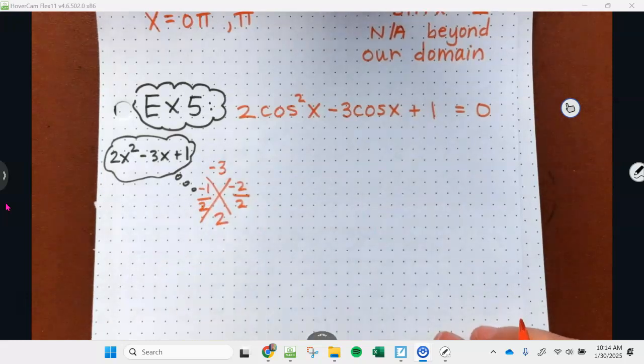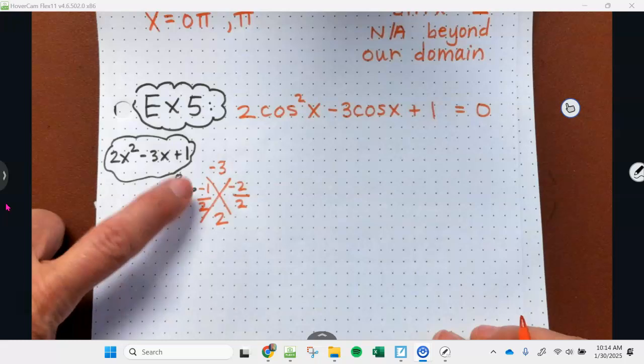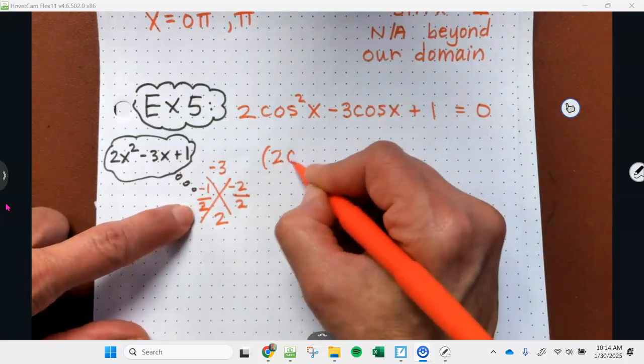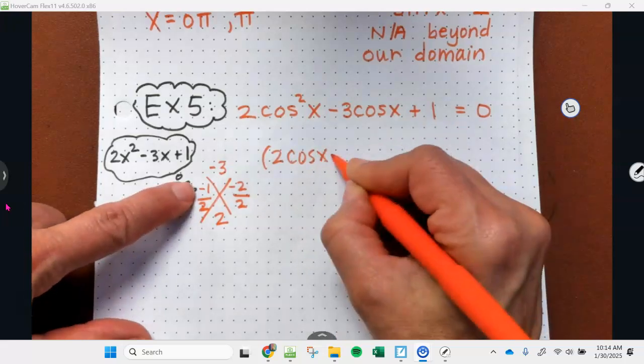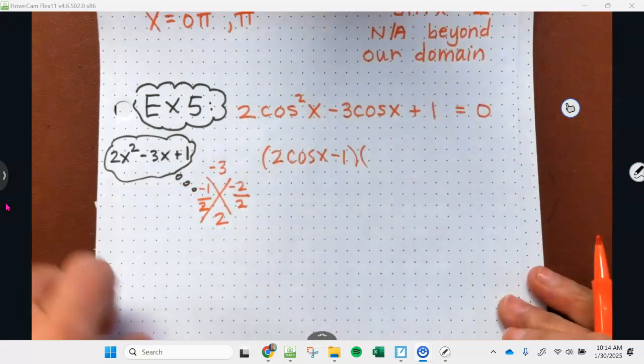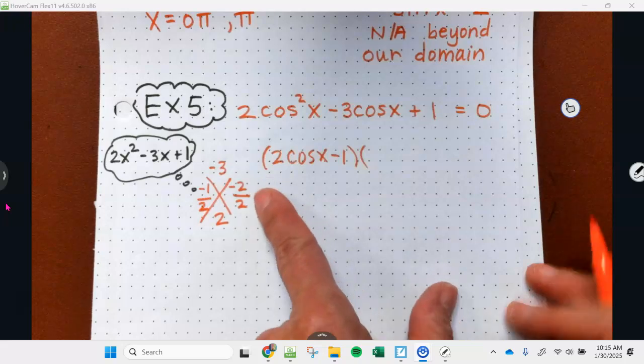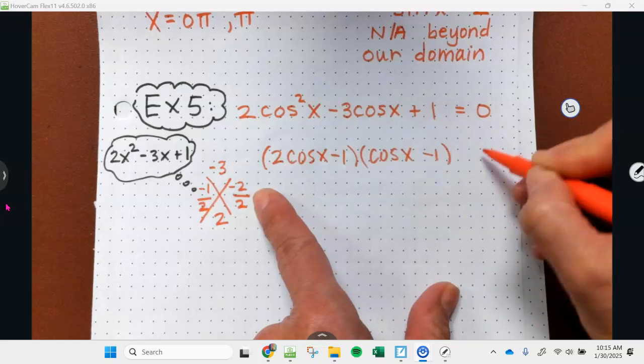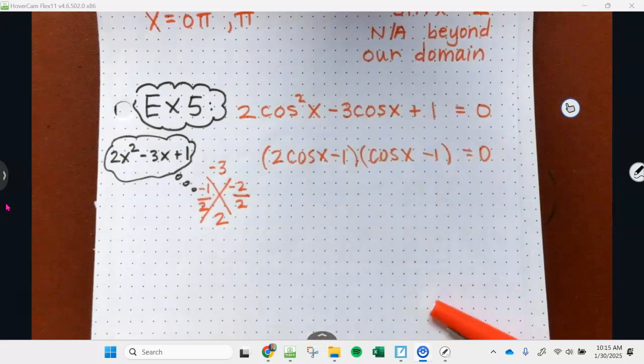All right. So my first factor based on this side, this is going to be 2 cosine x minus 1. My other factor based on this side is going to be cosine x minus 1. And then I'm going to set those equal to 0 and solve for x.